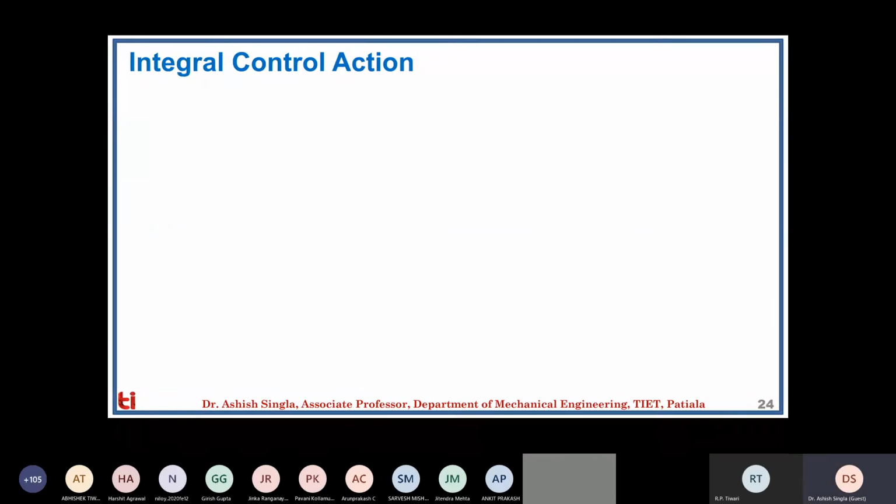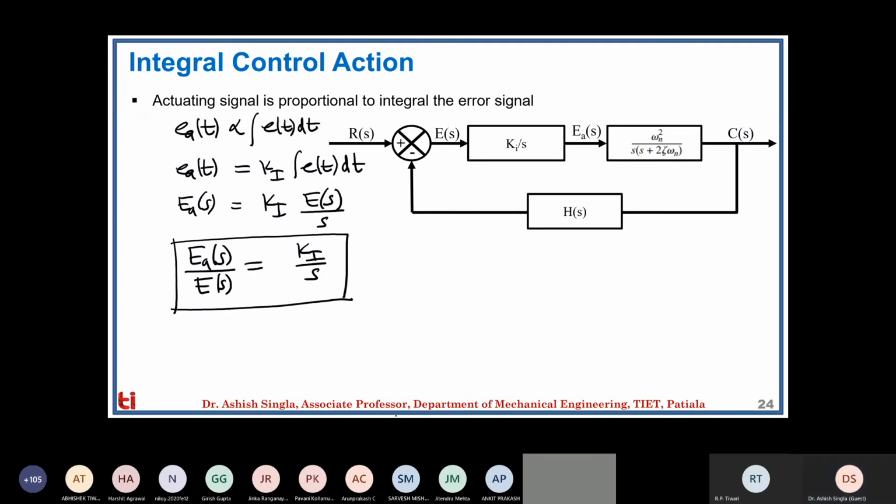So next comes the integral control action, where the actuating signal is proportional to the integral of the error signal. So what does this mean? Whatever the amount of error present in the system till now, the total summation of the error, the integral control action will take care of that, because it's the integral from time 0 when the system started till now.